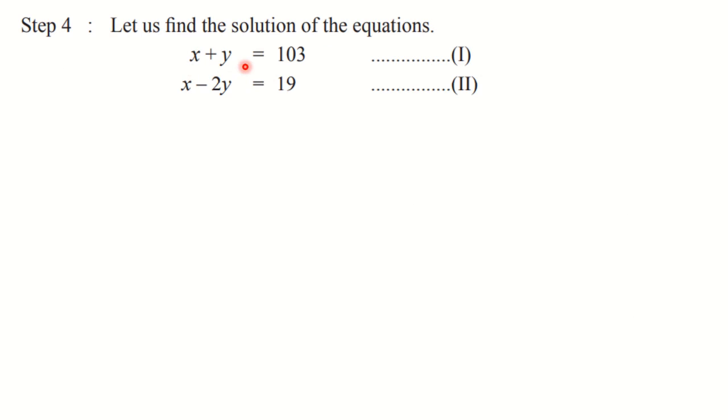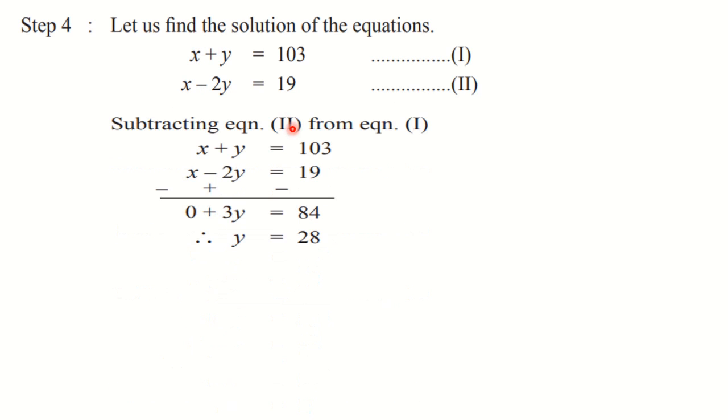See, x plus y is equal to 103, equation number 1, and x minus 2y is equal to 19, equation number 2. Observe here: the coefficients of x are equal, so subtraction is going to help you here. So subtracting equation 2 from 1. 1 is written up, 2 is written just below that.